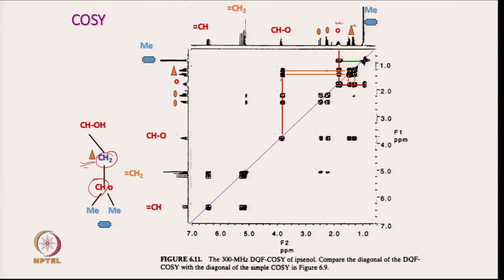Now, look at this and see which proton this H is coupled to. You see this is coupled to two different kinds of proton. We have already seen that there is a coupling between these two protons, but there is also coupling with these two peaks.